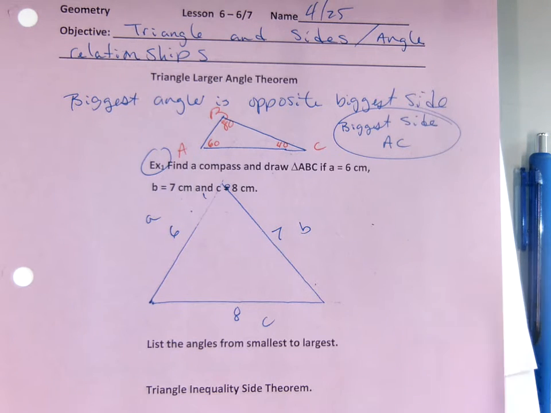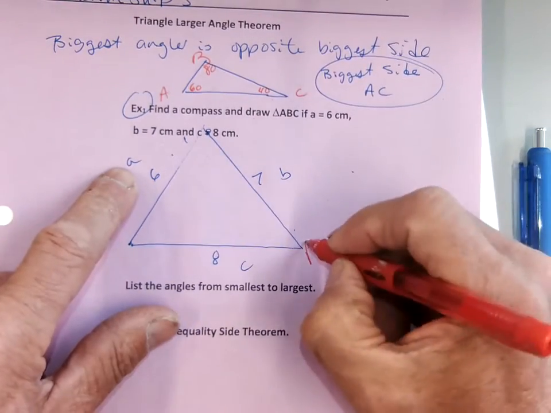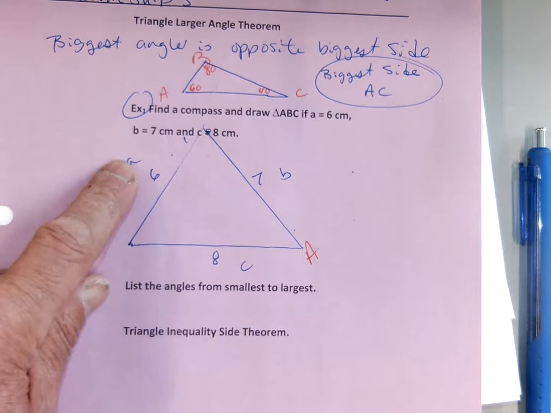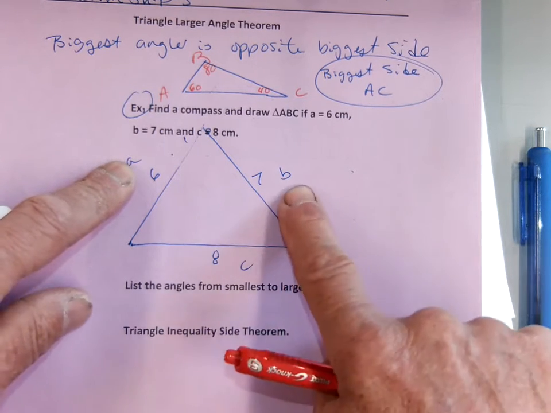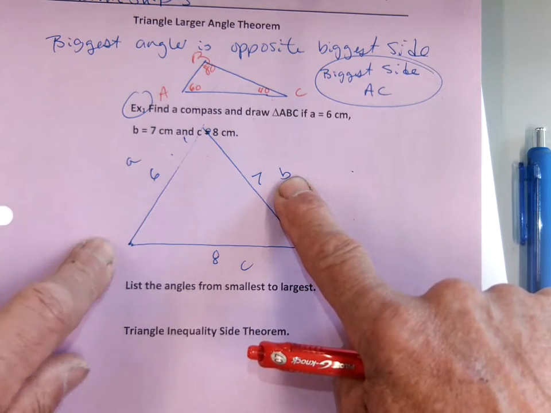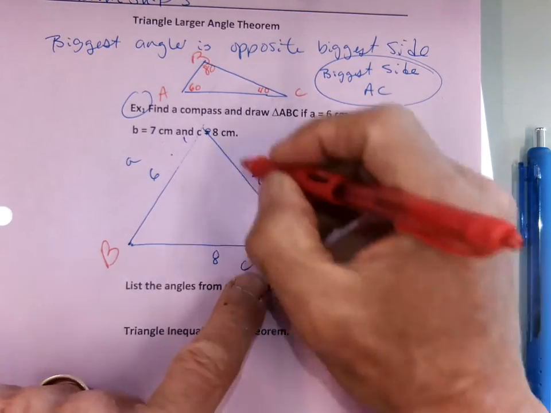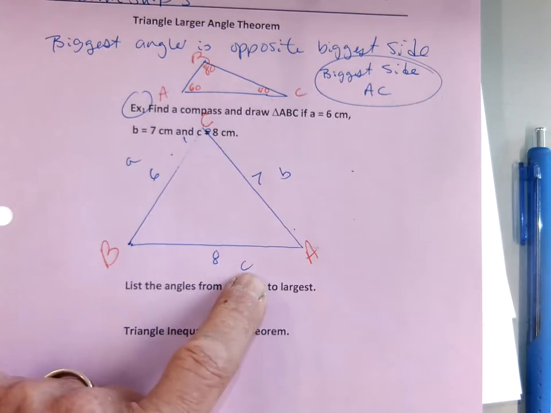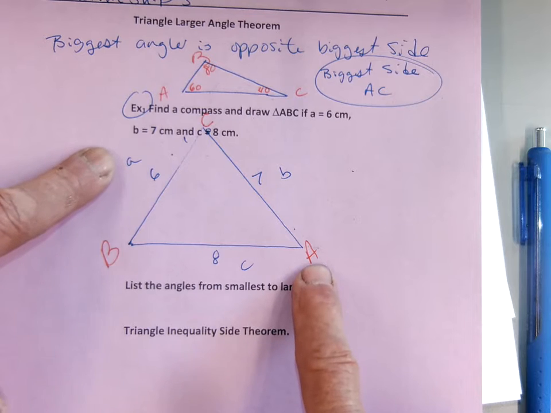If this is side A, this is angle A. For sides, we use small case letters for the name of the sides, but we use capital letters for the angles. This is side B, so this is angle B. This is side C, so this is angle C. We use capital letters for the angles, and we name them from their opposite side.